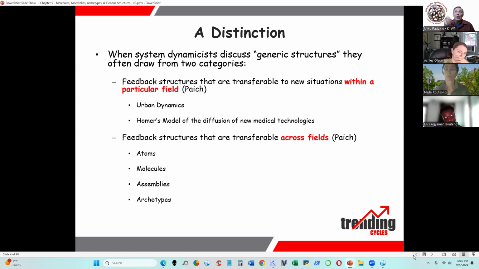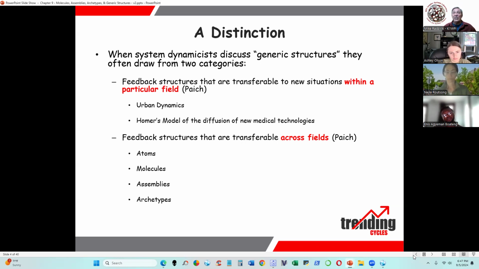The first paper written explicitly about generic structures, it says it in the title, was by Mark Paich. Mark sadly died maybe a year ago or so. It appeared in the very first issue of the System Dynamics Review in 1985.